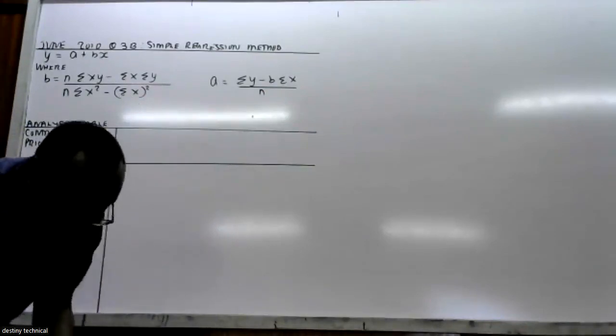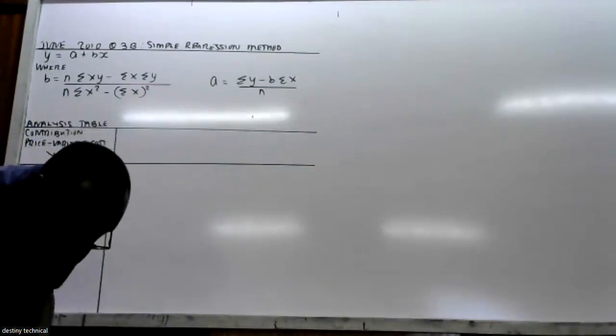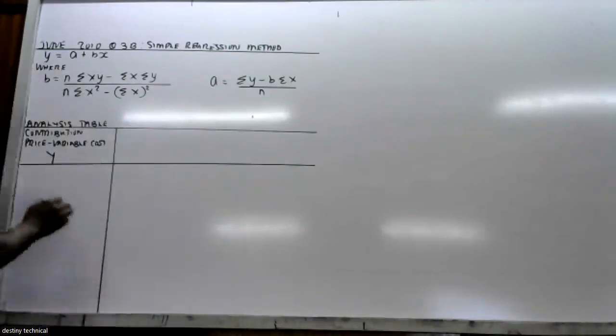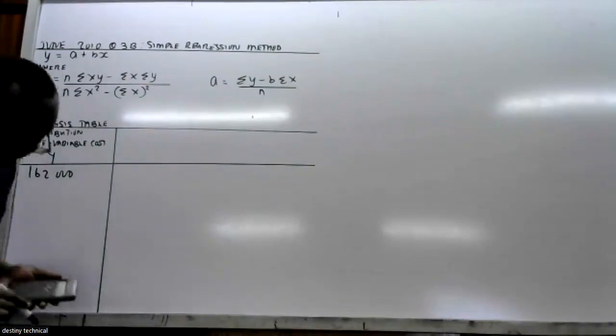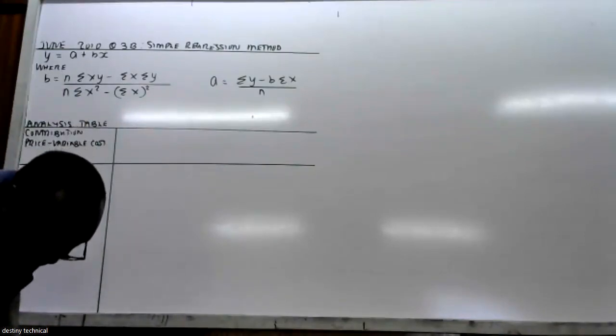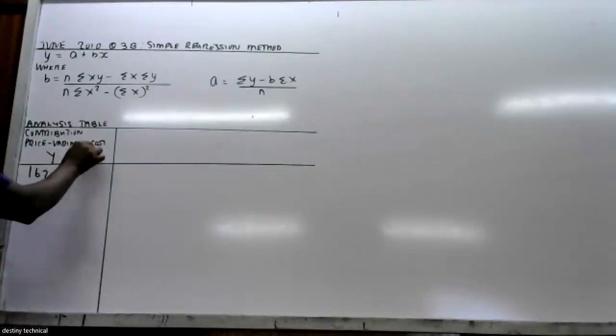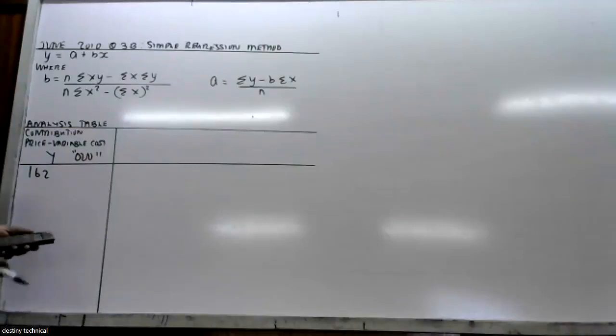So in the first case, you can see we have a sales revenue of 294,820. You minus 132,820. So that is 162,000. And maybe because the figures are in thousands, we could work with them being in thousands this way, so that we don't have very huge figures.